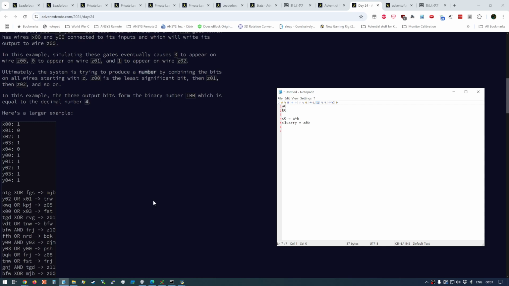Then take one out. C1 equals, sorry, these should be 0, 0, 0, A1 or B1 or C1 carry. And then the C2 carry is, that's the annoying bit.